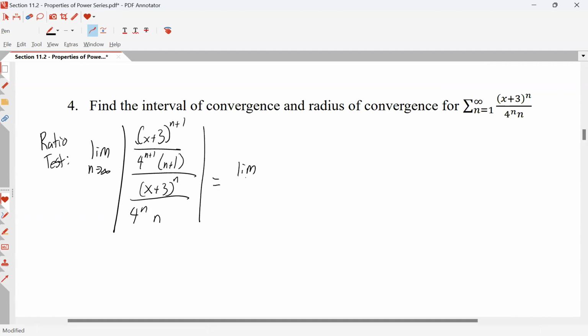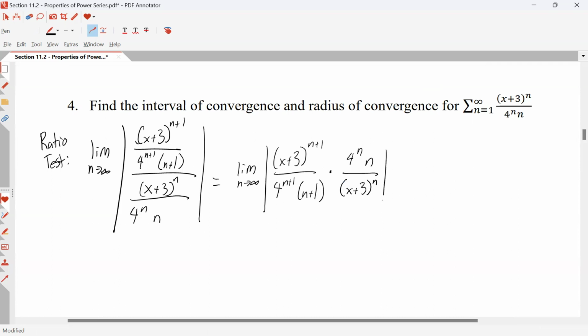Keep, change, flip. x plus 3 to the n plus 1 over 4 to the n plus 1 times n plus 1, times 4 to the n times n over x plus 3 to the n.